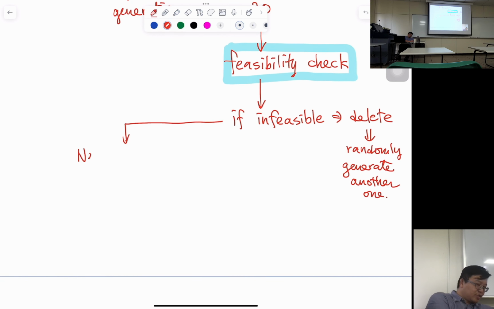So next, we need to check the so-called fitness value. So what is fitness value?